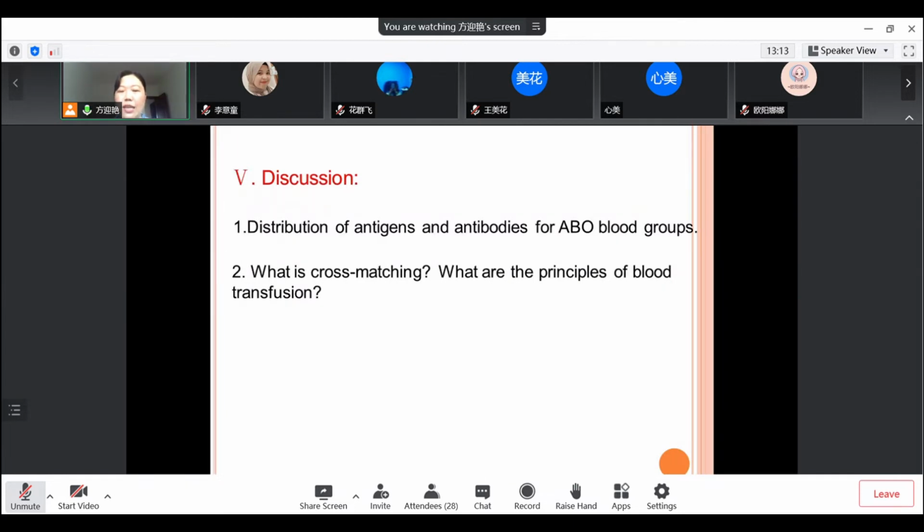Second, the antigen-antibody reactions, and also the cross matching. What is the cross matching? I hope you understand the principles of blood transfusion.